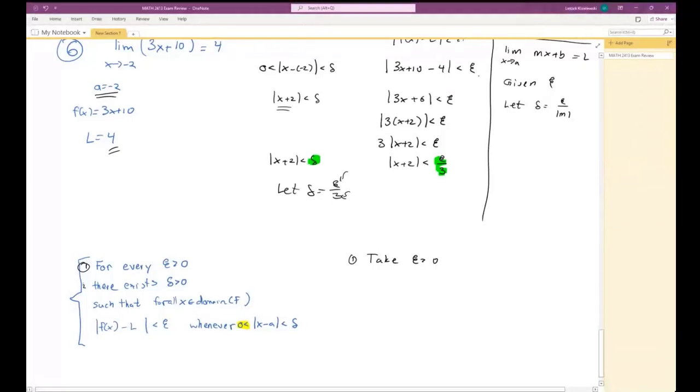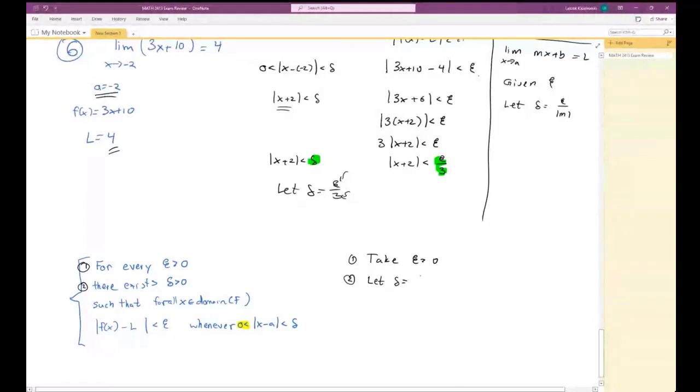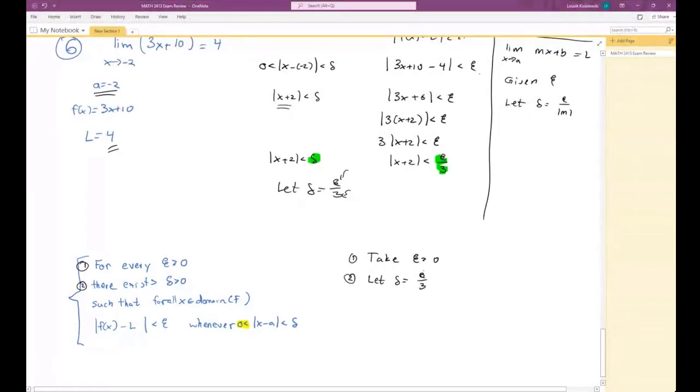The second line is that we have to show that there exists a delta. Well, we did all the work. We're going to poof delta into existence by defining it. We're going to say let delta equal epsilon over 3. That was all the hard work. And note that since epsilon is positive, so is delta. Now we have a delta that exists because we just defined it.